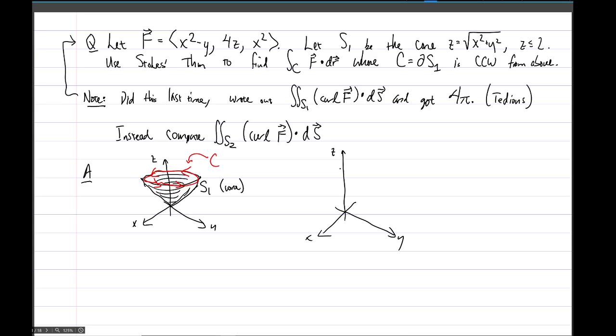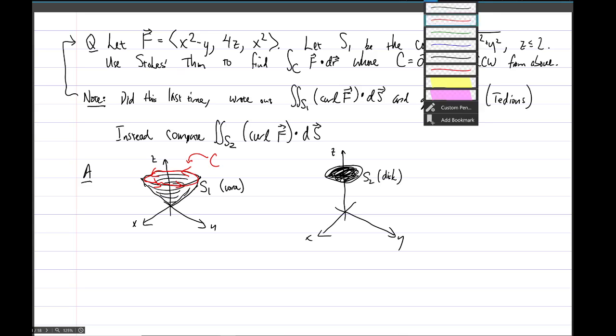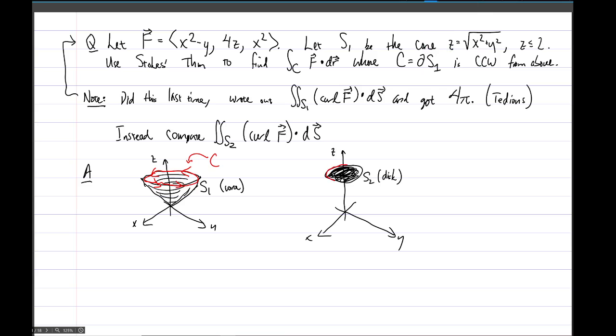And that easy one is actually a filled-in circle, a disk. So S2 is just a disk. Sorry, the pictures are not as good, but that red circle, oriented counterclockwise when viewed from above, is meant to be exactly the same red circle.